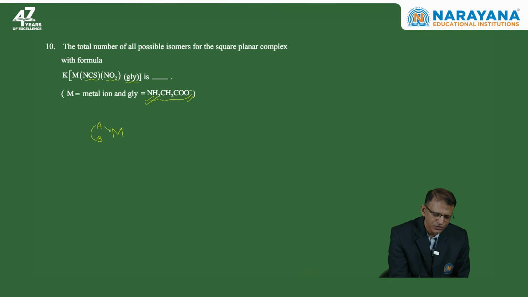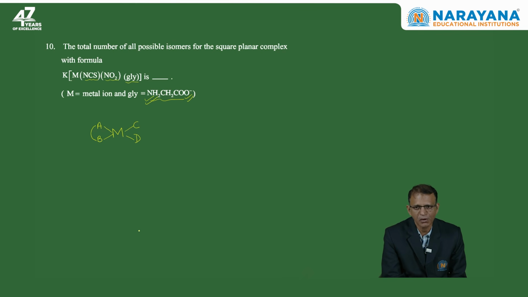This is the bidentate ligand, and these are two monodentate ligands, right? The donor atoms in these two cases are nitrogen only, but since the ligands are different, I can write that this is C ligand and this will be D ligand, and they are monodentate ligands. So this is the square planar geometry of this complex.